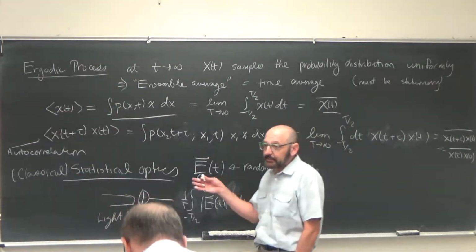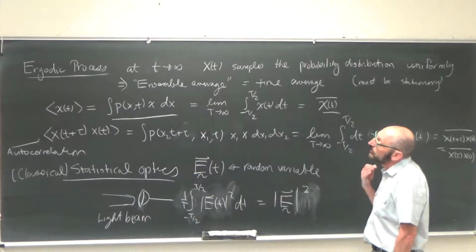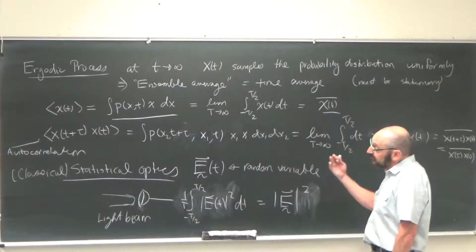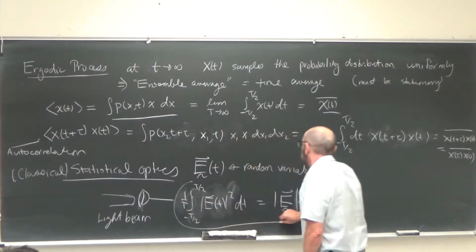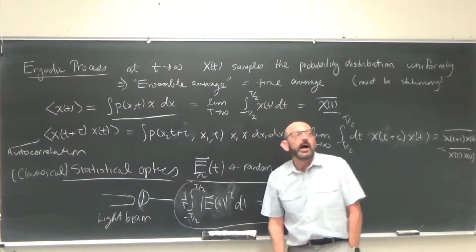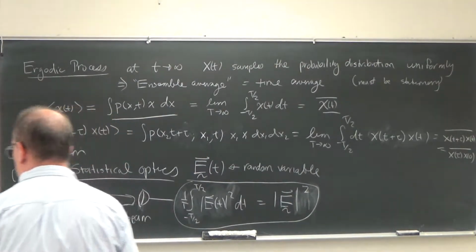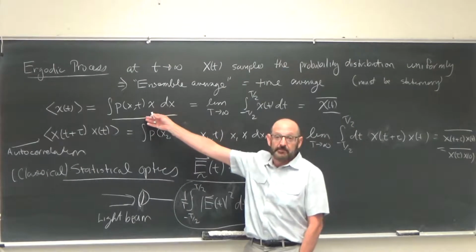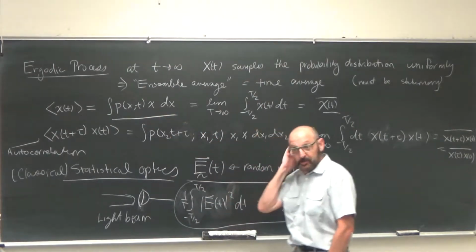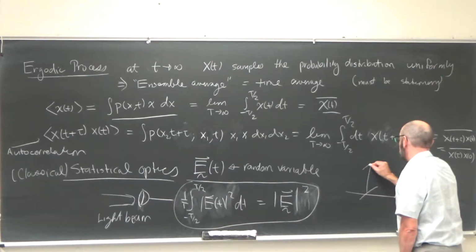And instead, if I wanted to look at the statistics of that, if the system is ergodic, I just look at the output on the photodetector, and that gives me, over a good amount of time, a good representation of the expected value.